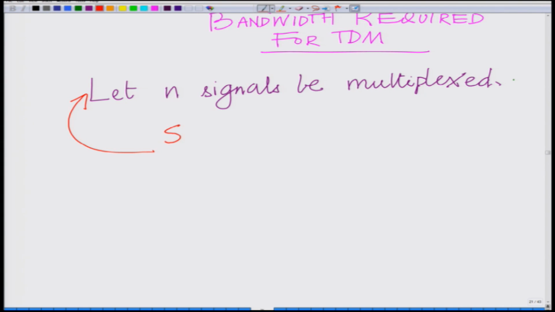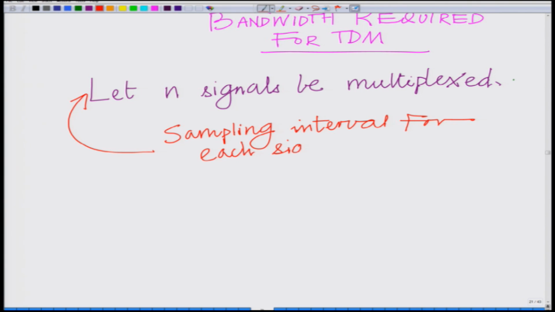So the sampling interval for each signal equals Ts. Okay, so there are n signals and the sampling interval for each signal is Ts.